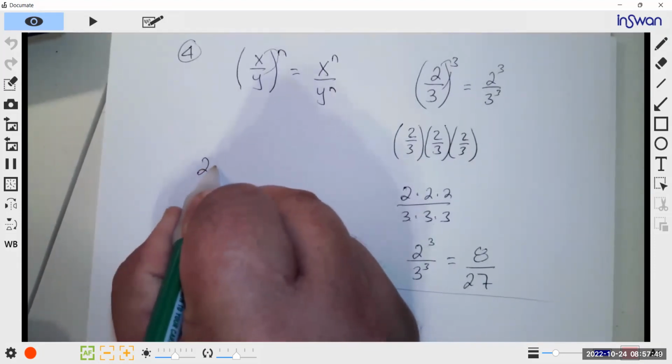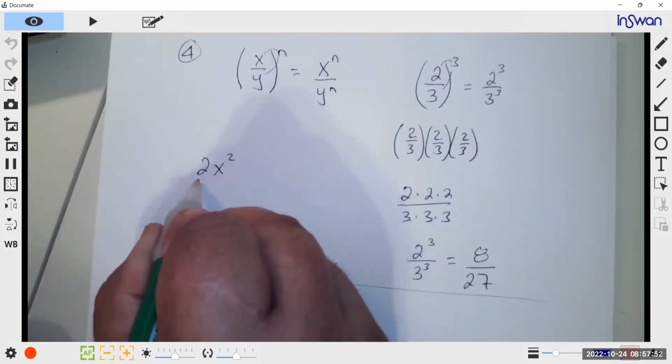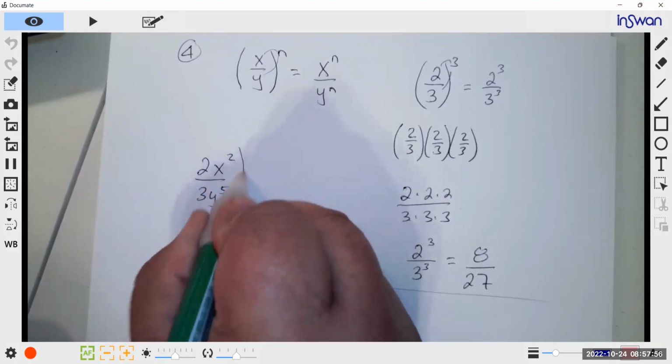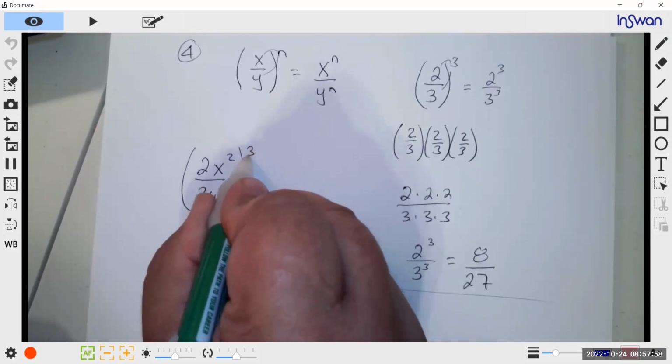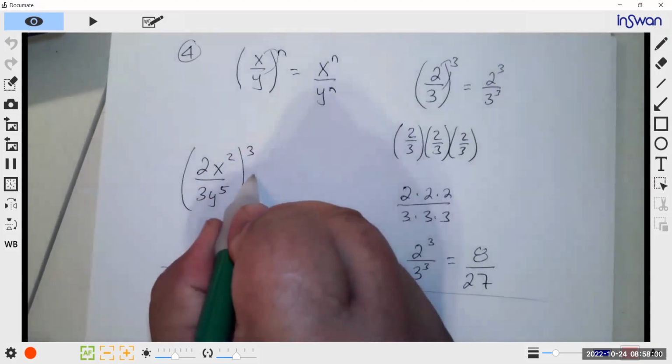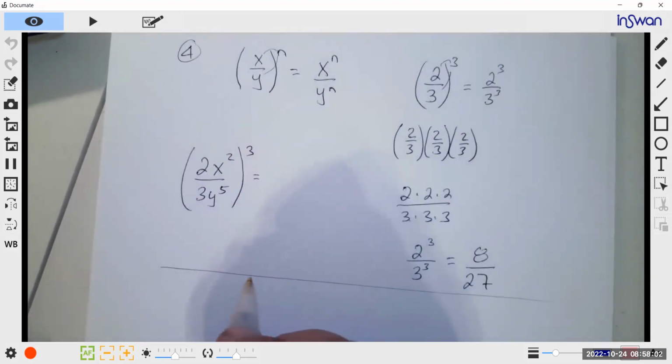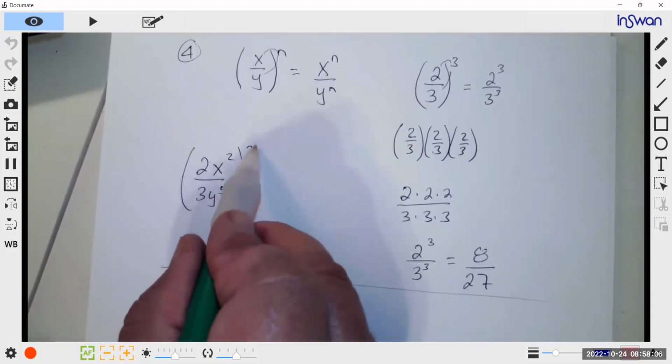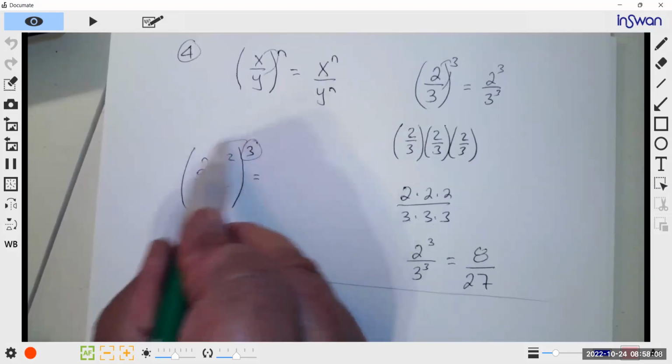Again, if I had 2x squared over 3y to the fifth, and I raise those to the third. Again, everything inside the parentheses gets that exponent.